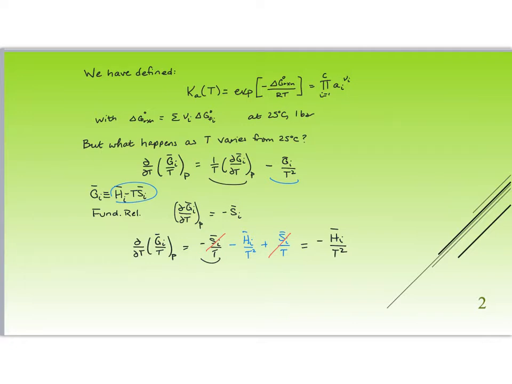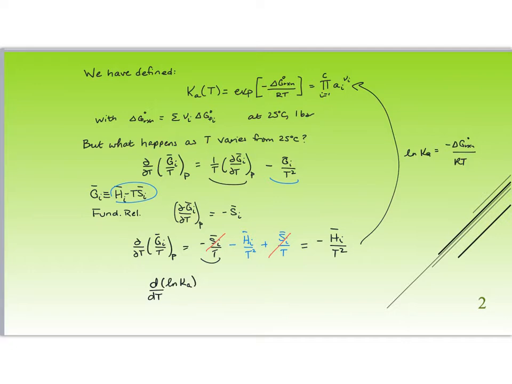Okay, now let's combine this. Let's bring this back into our definition of the equilibrium constant. Again, keeping in mind that I can do these things in various ways, if I want to see how this changes with temperature, I take the natural log of Ka, which is negative delta G of reaction over RT.